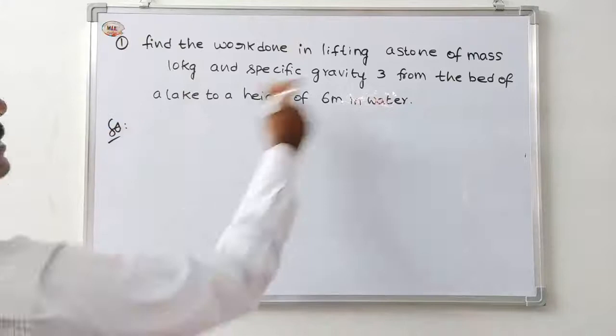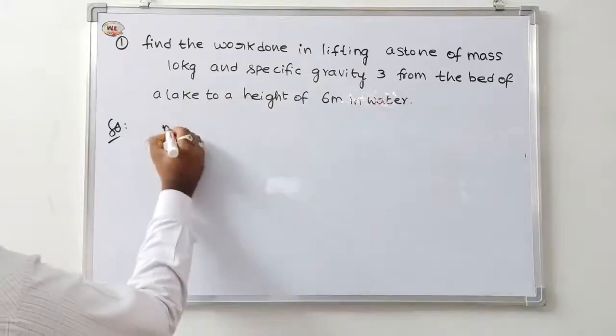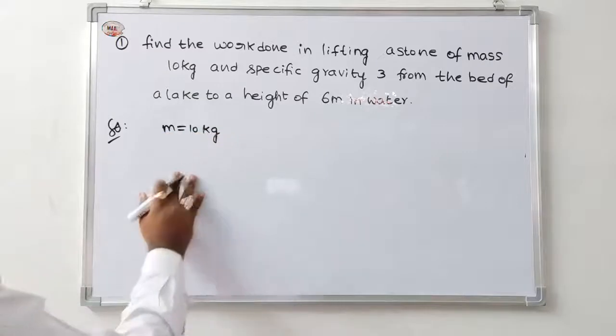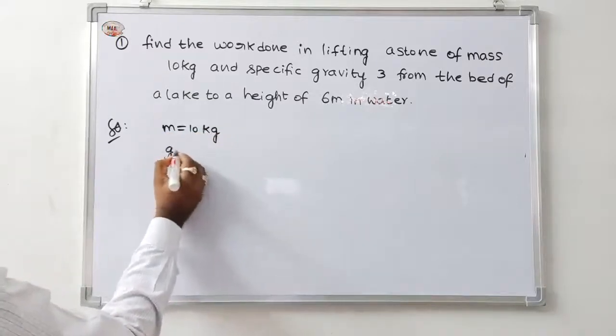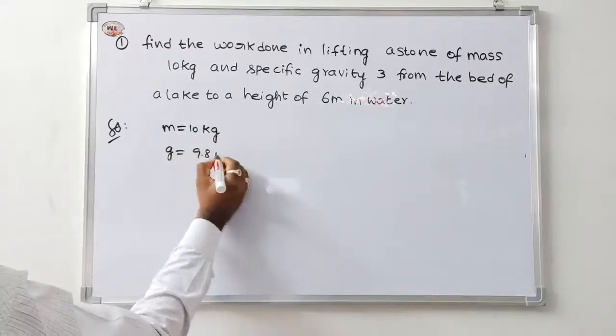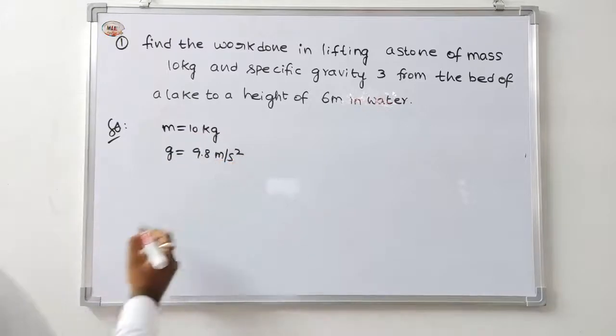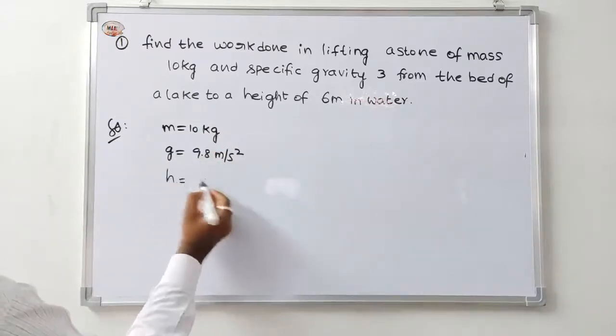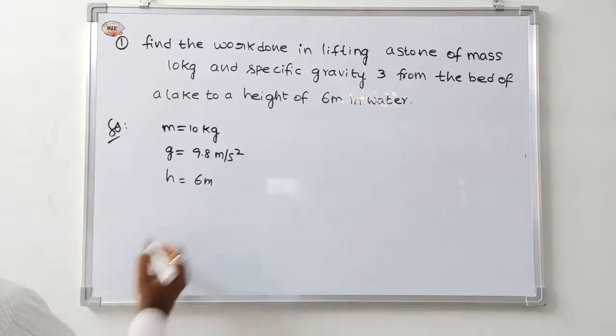Very important. The mass is equal to 10 kg. The acceleration due to gravity g is equal to 9.8 meter per second square. And the height of the water in the lake h is equal to 6 meter.